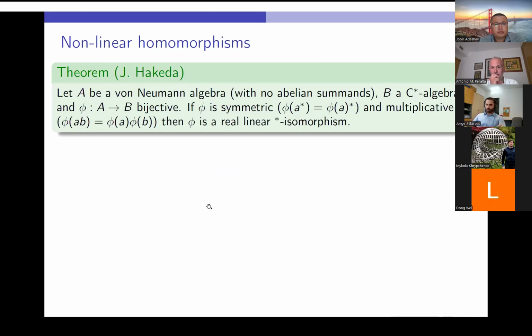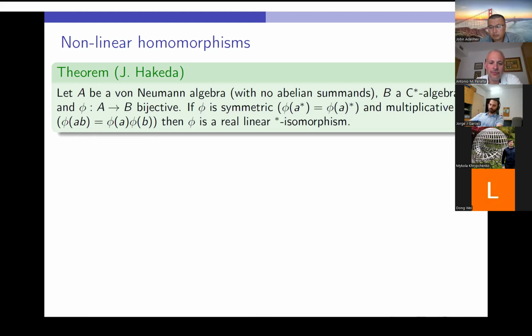So we have some results on nonlinear preservers, some classical results already. For instance, we have this result by Takeda that says that if we have a bijective map, not necessarily linear, between a von Neumann algebra and a C-star algebra, where the von Neumann algebra needs some extra hypothesis, and this map is symmetric and multiplicative, then it is a real linear star isomorphism.